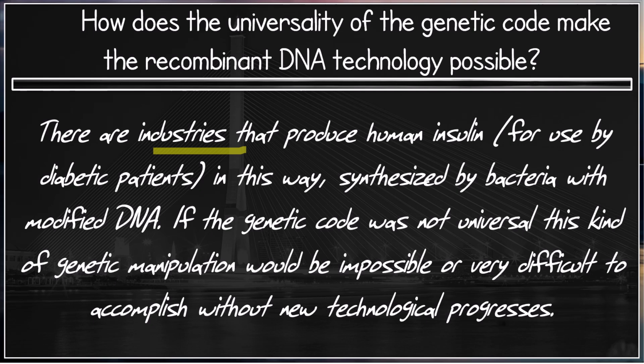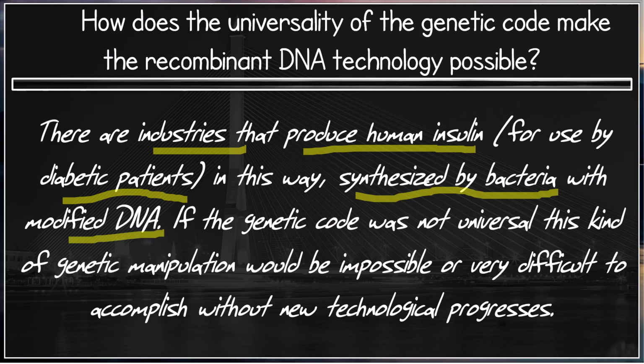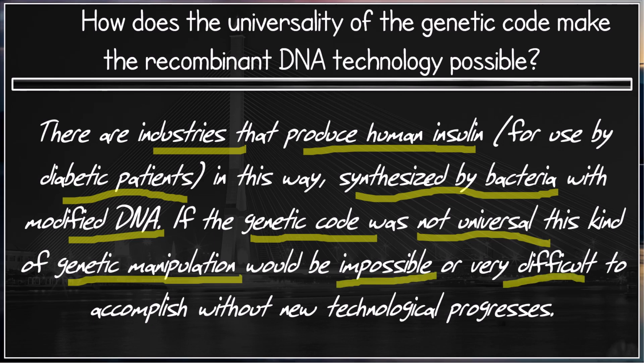There are industries that produce human insulin for use by diabetic patients. In this way, it is synthesized by bacteria with modified DNA. If the genetic code was not universal, this kind of genetic manipulation would be impossible, or very difficult to accomplish without new technology progress.